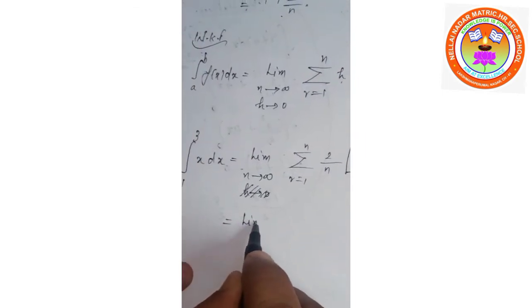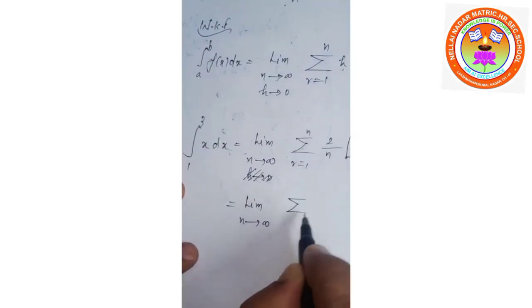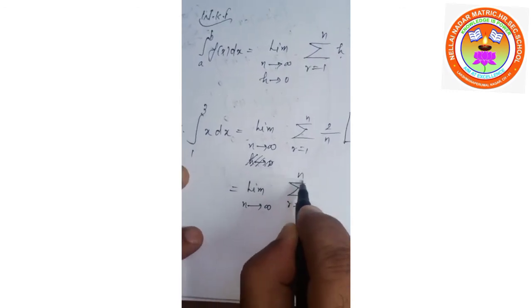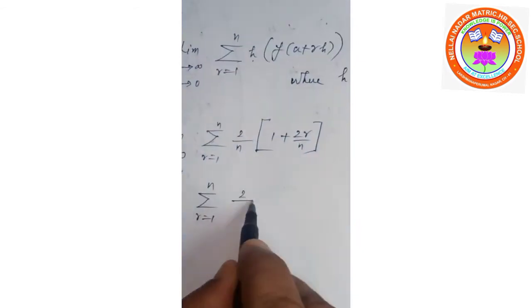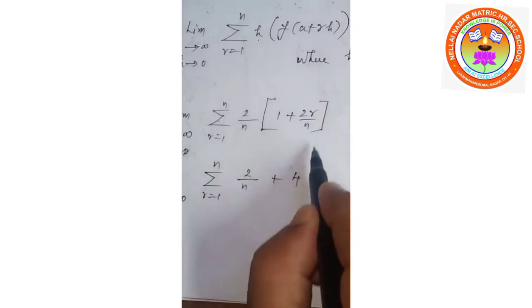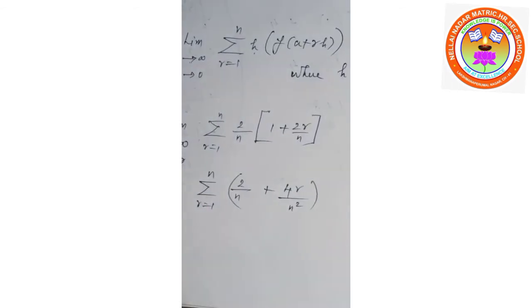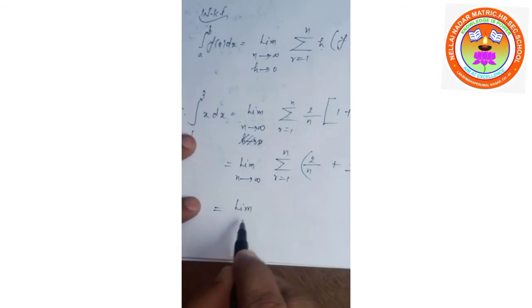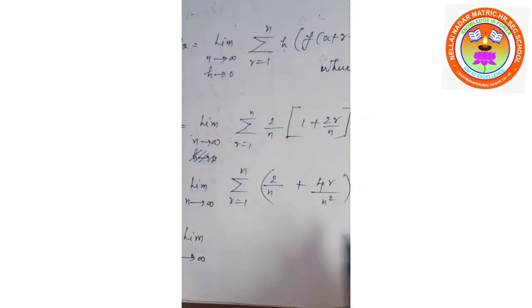Equals limit n tends to infinity, sigma r equals 1 to n. You multiply 2 by n into 1, that is 2 by n, plus 2 into 2, 4r divided by n square. That is equal to limit n tends to infinity, and it can be separated.